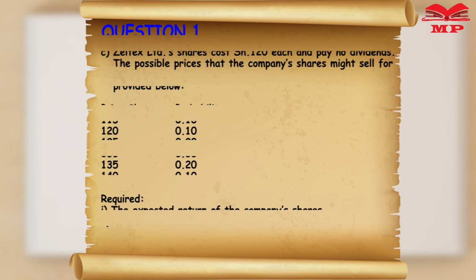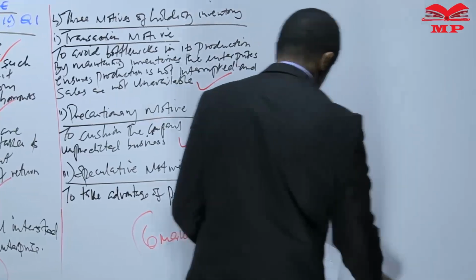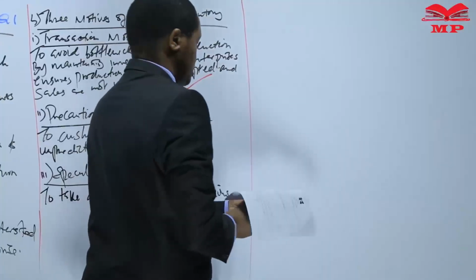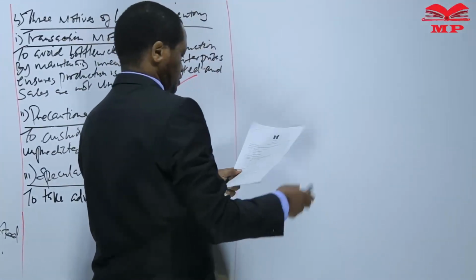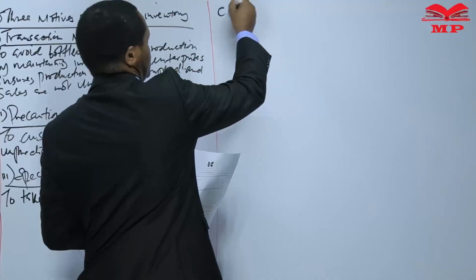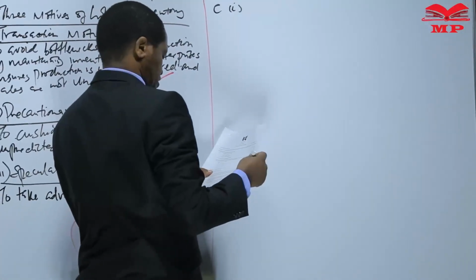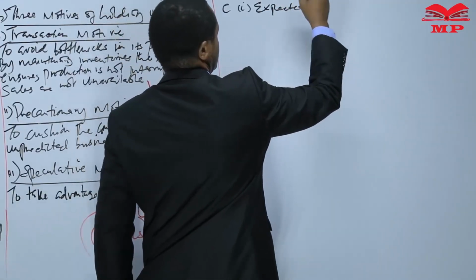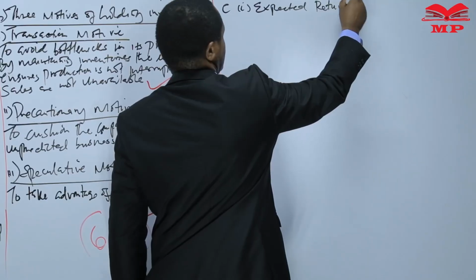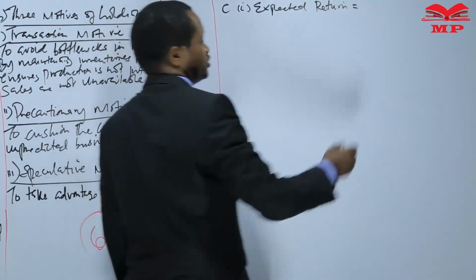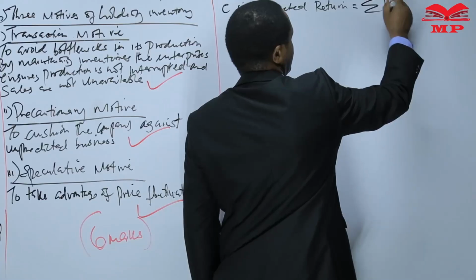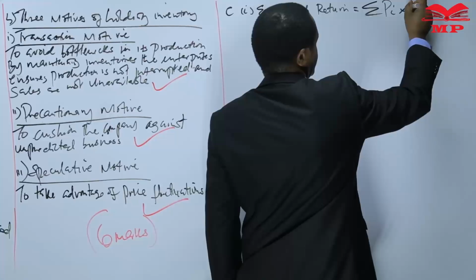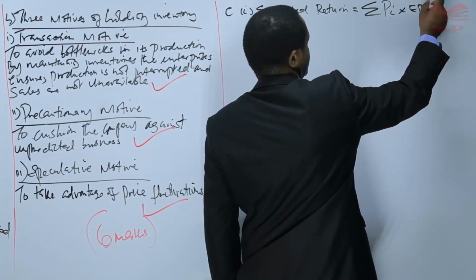The expected return of the company's shares will be equal to the summation of the probability times the expected return.